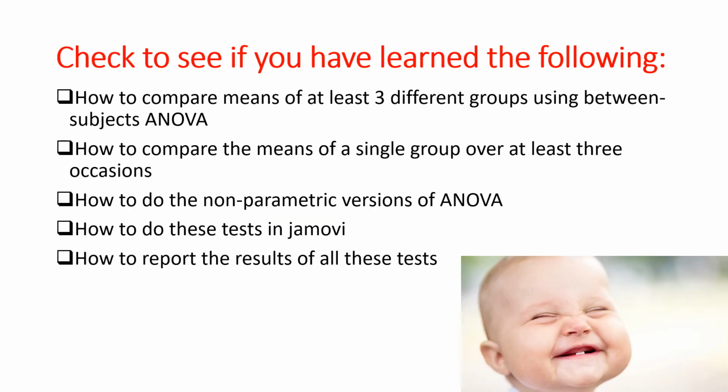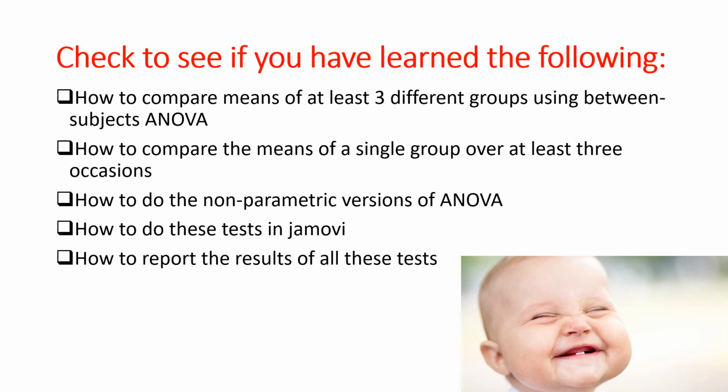Before we end this session, let's check whether we have learned the following objectives or not. I expect you to be able to compare means of at least 3 different groups using between subject ANOVA. I expect you to know how to compare the means of a single group over at least 3 occasions.